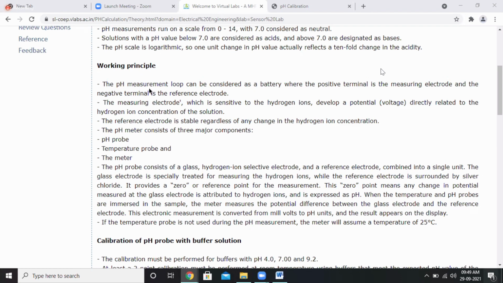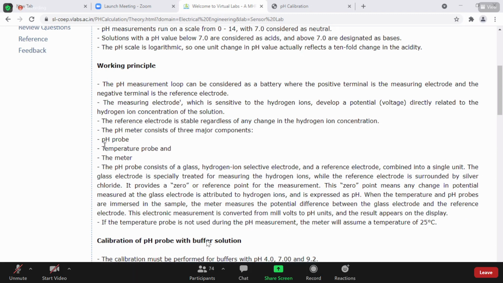The pH measurement loop can be considered as a battery where the positive terminal is the measuring electrode and the negative terminal is the reference electrode. The measuring electrode, which is sensitive to the hydrogen ions, develops a potential directly related to the hydrogen ion concentration of the solution. The reference electrode is stable regardless of any change in the hydrogen ion concentration. The pH meter consists of three major components: pH probe, temperature probe, and the meter.